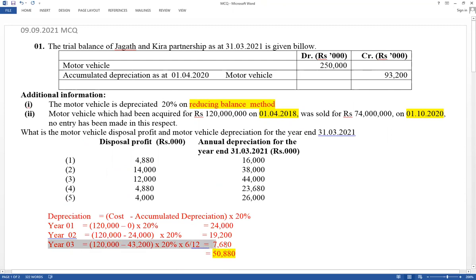The disposal asset's last 6 month depreciation calculated, that value should be considered as annual depreciation also. Disposal asset was available during the accounting period. Therefore, the last 6 month value should be considered as annual depreciation also.